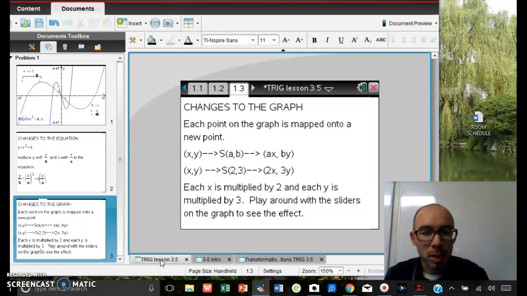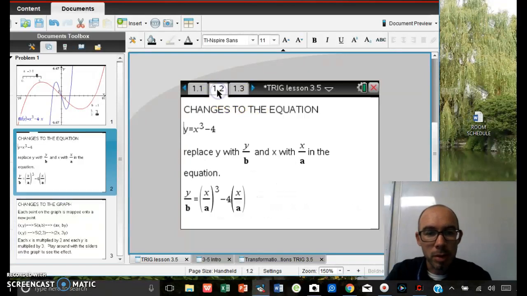This is the rule for changes to the graph. You figure out what a and b happen to be, and that original point just gets mapped onto a new point by multiplying the x by a, multiplying the y by b. If we were to do this with the equation, there's my x cubed minus 4, we're going to replace y with y over b, and then that b is going to move to the other side and multiply the entire other side by that value.